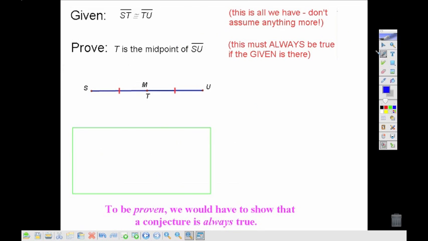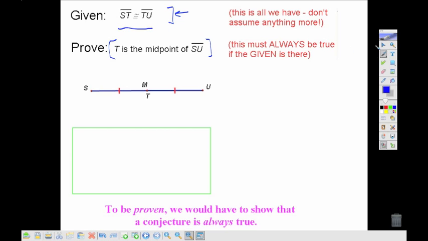Here's another one. We're given that we have two segments, ST and TU, and that's all we have. We don't want to assume anything more, and we want to prove that T is the midpoint of SU. Maybe this was our conjecture that someone made. Now when we look at this statement right here, it's easy to assume that they're talking about a certain segment. But we need to be careful. Is this the only way that I can draw it?